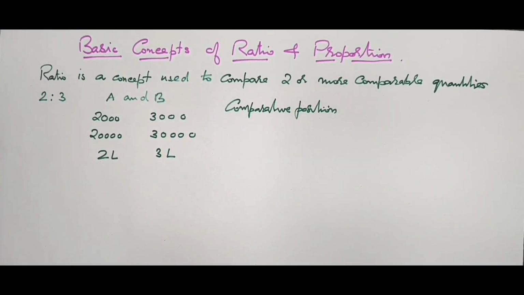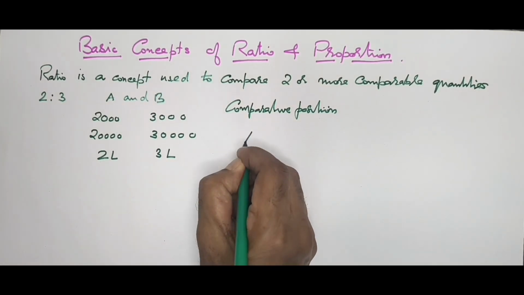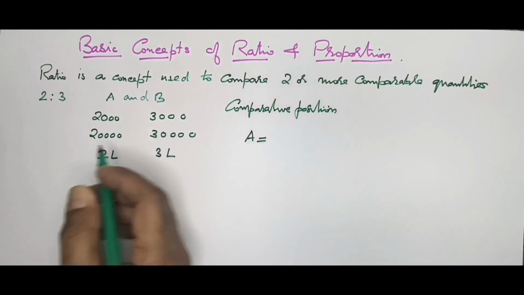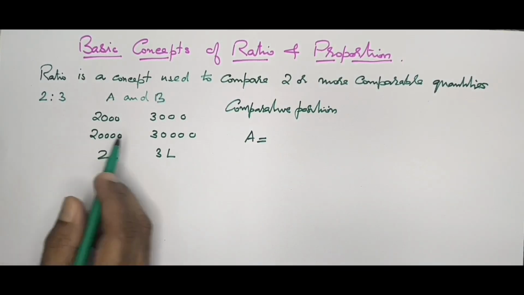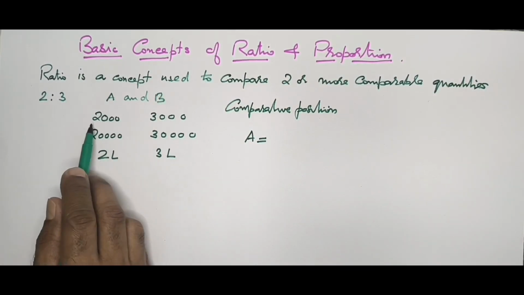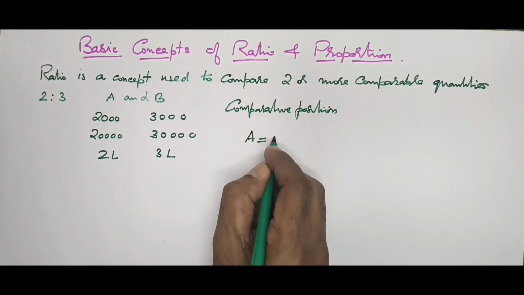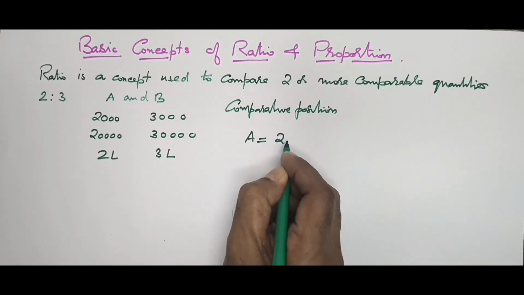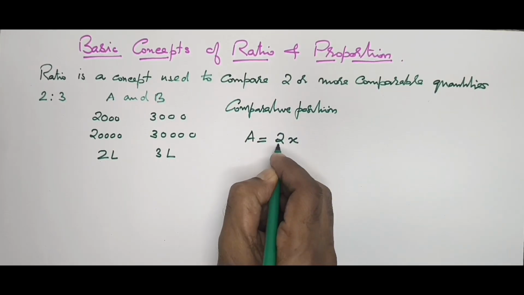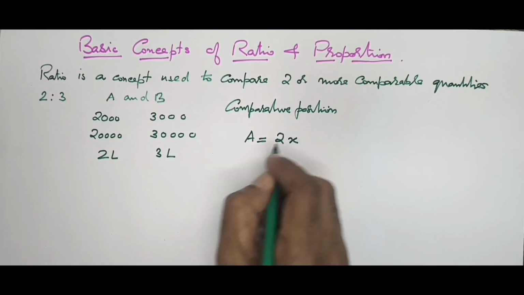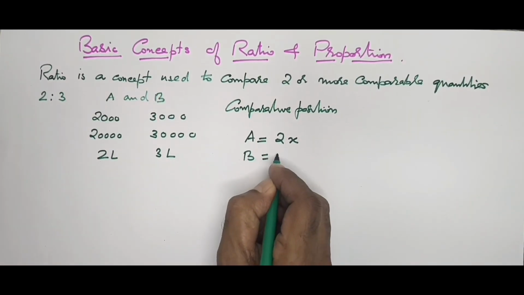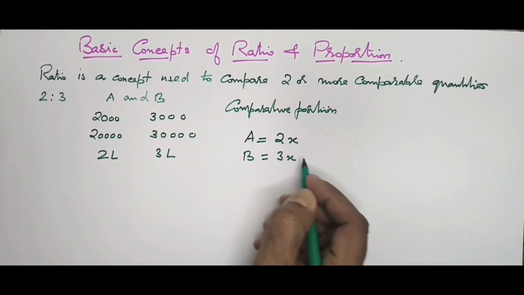If you go through all these figures, they are all multiples of 2 and 3. A's salary will be a multiple of 2. You can write it as 2 multiplied by x, and B's salary will be 3 multiplied by x. Where x is what? We don't know.